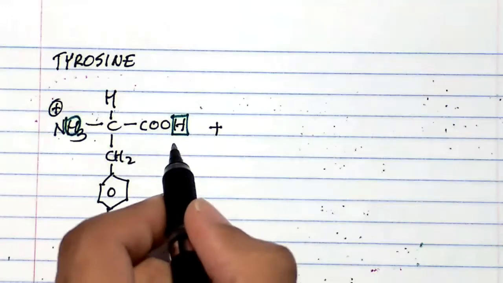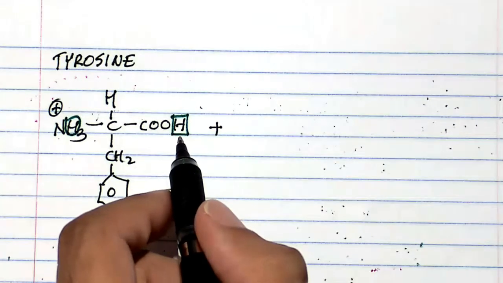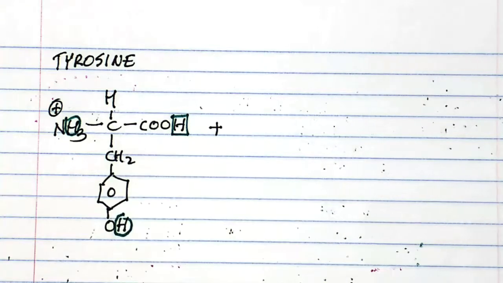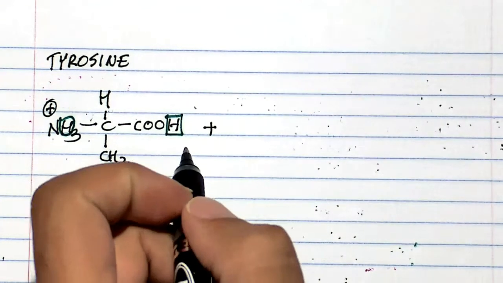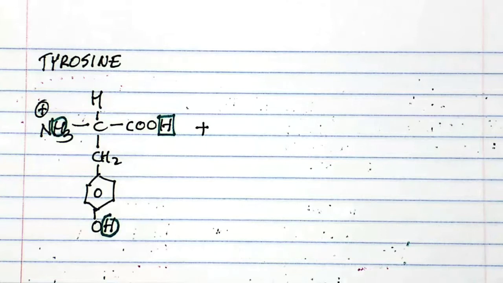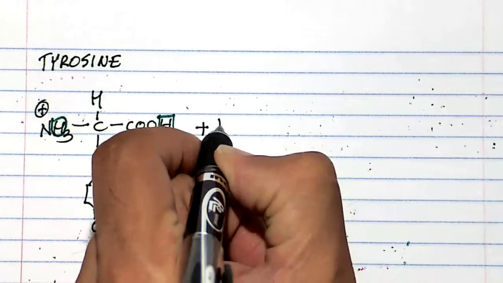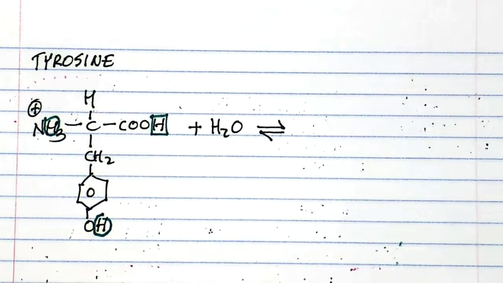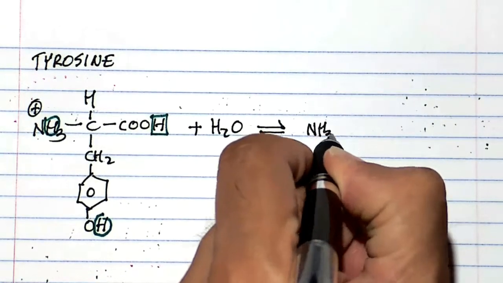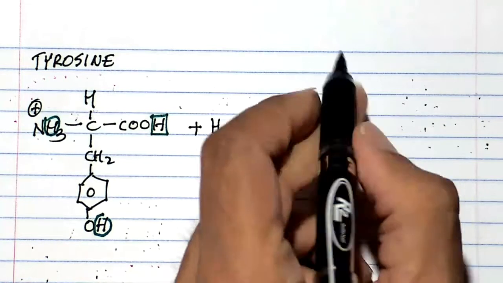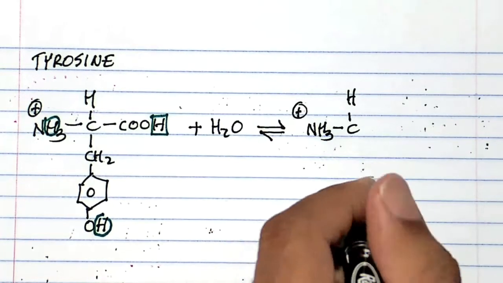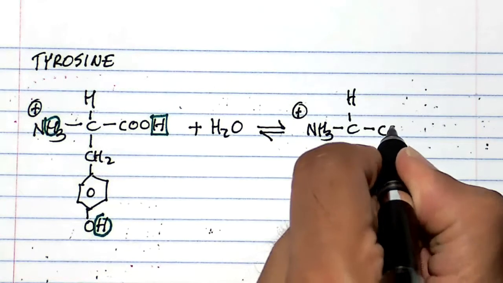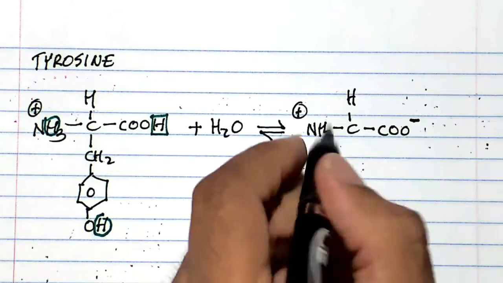So remember the alpha carboxylic acid proton comes off at a pKa of roughly 2. Let me quote the specific values here. This amino acid, tyrosine, will react with water and will give you NH3 plus with its alpha carbon, alpha hydrogen, COO minus. The proton is gone.